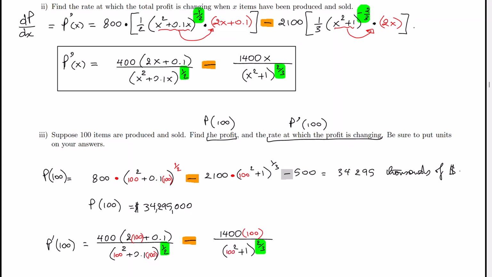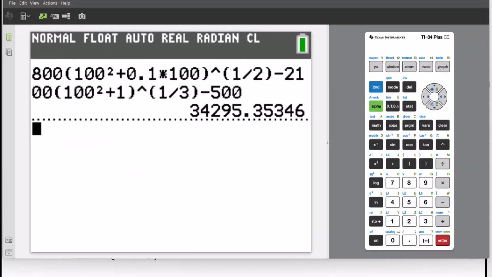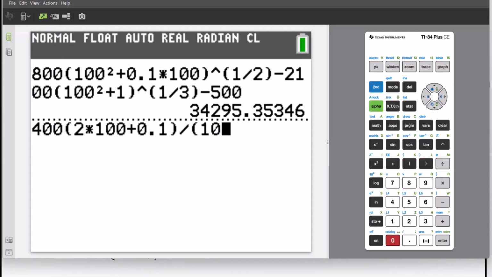So let's go to our calculator and plug this in. So we begin by putting the 400 multiplied by the 2 times 100 plus the 0.1. That's the numerator of the first fraction, and the denominator consists of the 100 being squared plus 0.1 times 100, and all that is raised to the power of 1/2.